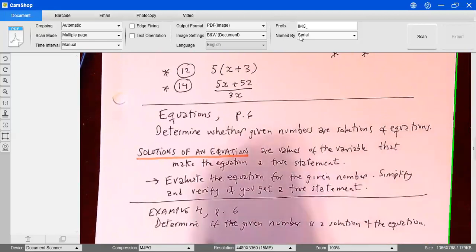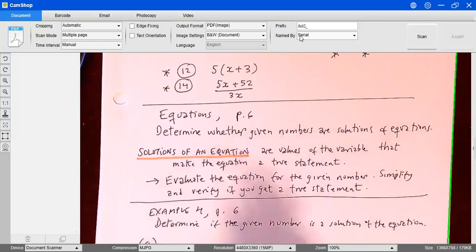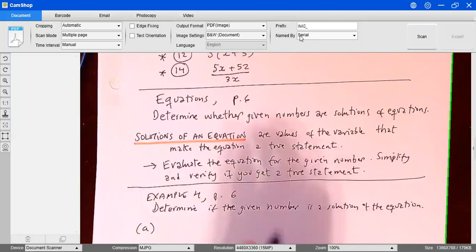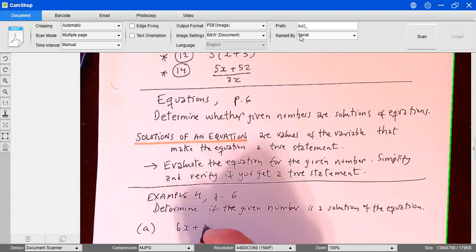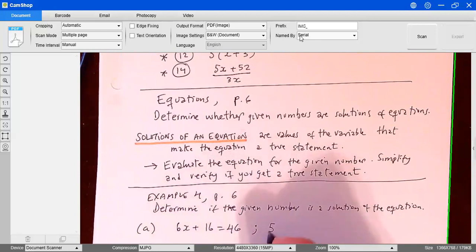We have the first part A, and you can just read from the book: 6x plus 16 equals 46, then you have a semicolon, then the number 5.